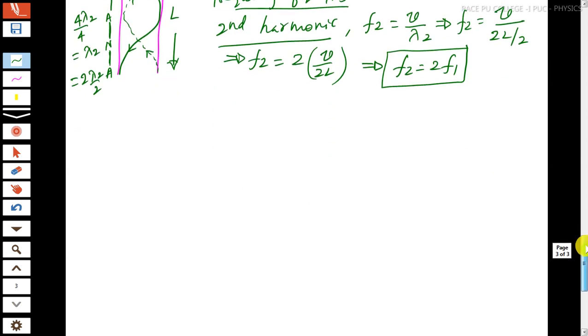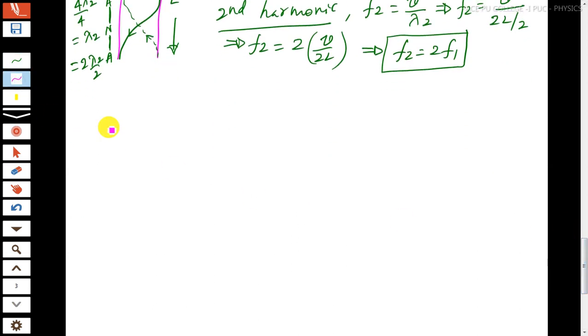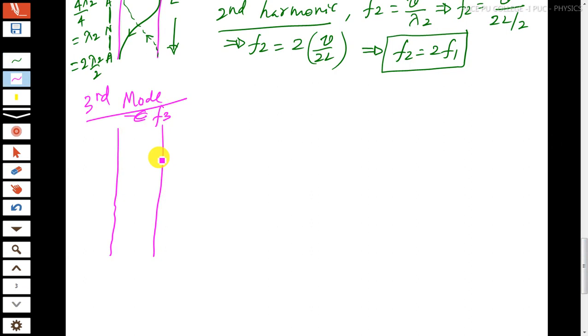Now we have to discuss the third mode of vibration. In the third mode of vibration, I am having the same tube again. So I am using a different tuning fork, it is not the same, a different tuning fork of frequency F3. Let me assume this F3 will resonate this tube.